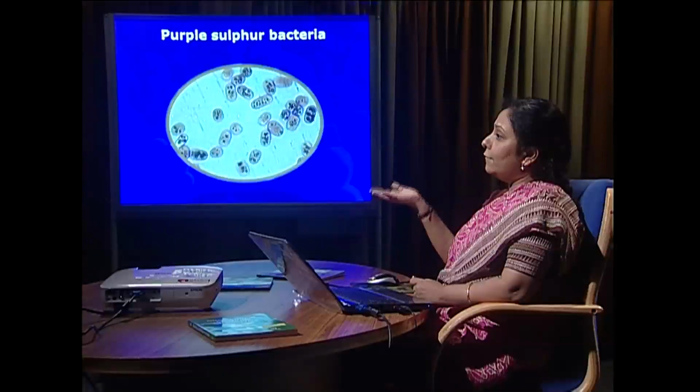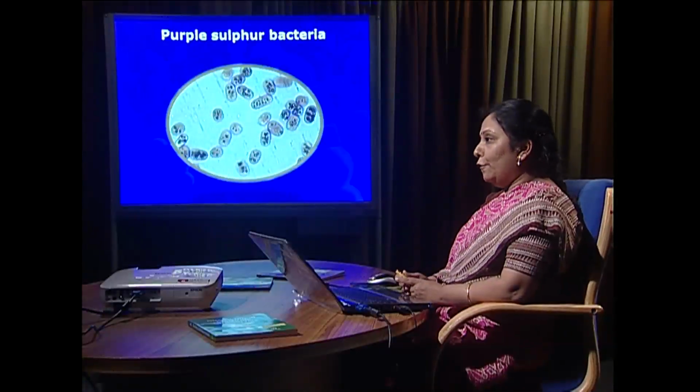From H2S, they will produce hydrogen here, right? And they will produce some sort of sulfur globule. They will precipitate them along with that, right? So, they actually produce energy from H2S. They will make elemental sulfur as precipitation like droplets or globules, or they can even produce sulfuric acid.